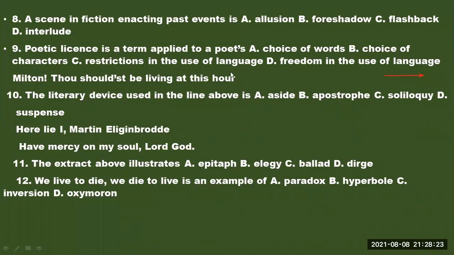So now we are going to question number 8. A scene in fiction enacting past events is a allusion.